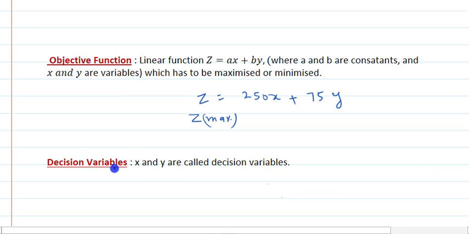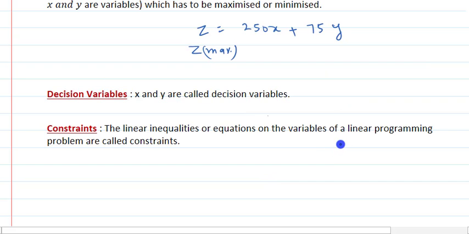Next, you should know about decision variables. X and Y are called decision variables because the values of X and Y are going to tell the result, that is, how to invest the amount to get maximum profit and minimum cost. Next is constraints. The linear inequalities or equations on the variables of a linear programming problem are called constraints.